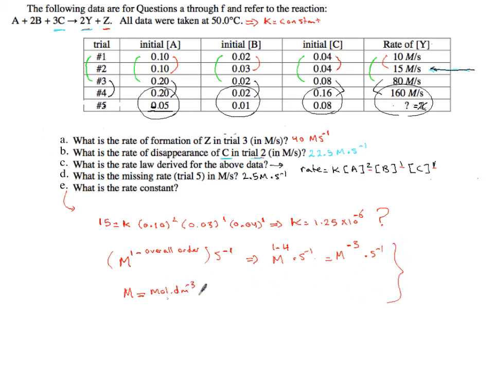So what we can say, it's mole decimeter minus 3 raised to a power of minus 3 times second minus 1. So it's mole minus 3 times decimeter minus 3 times minus 3 is plus 9 times second minus 1. Therefore, I can write it up here, it's 1.25 times 10 to minus 6 mole minus 3 times decimeter positive 9 times second minus 1.